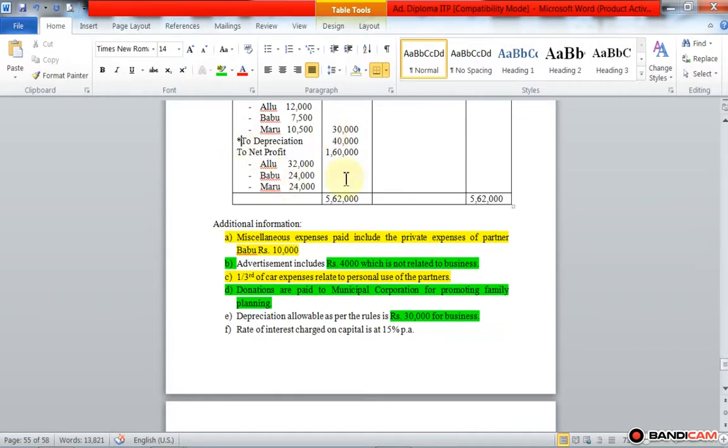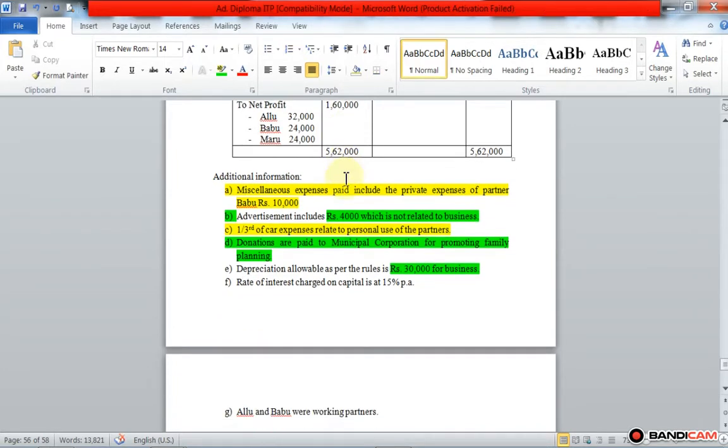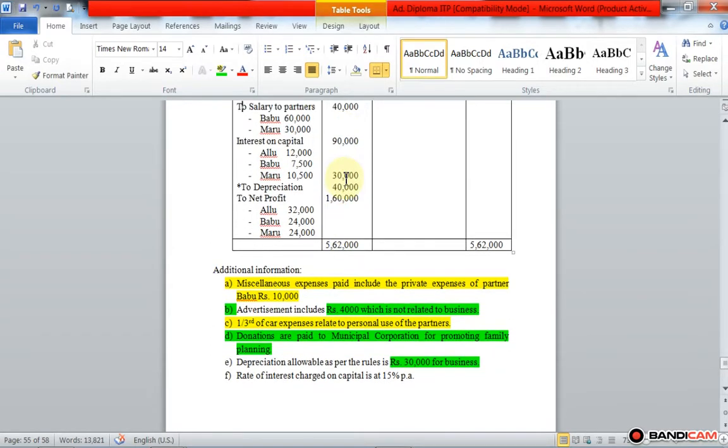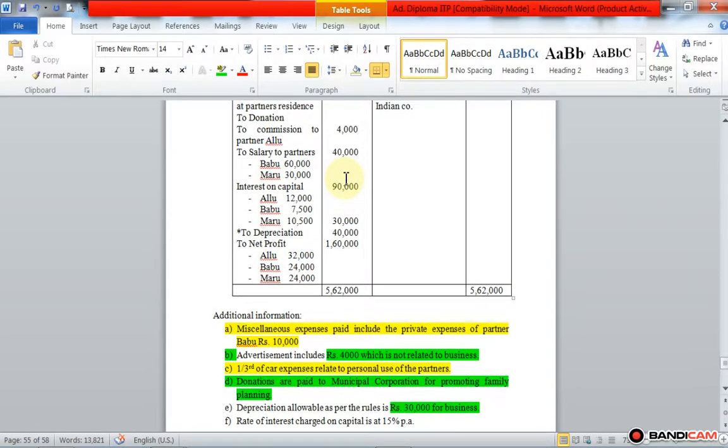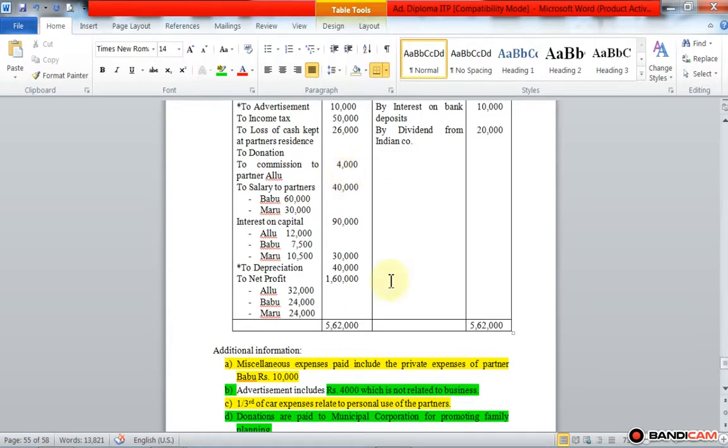Okay, then the next adjustment, rate of interest charged on capital is 15% per annum. It means we compute the interest on capital of each partner. So interest on capital is 12,000, 7,500 and 10,500, so the total is 30,000.